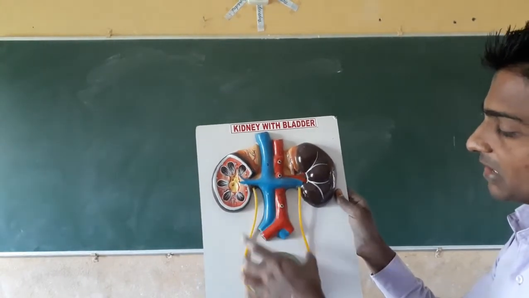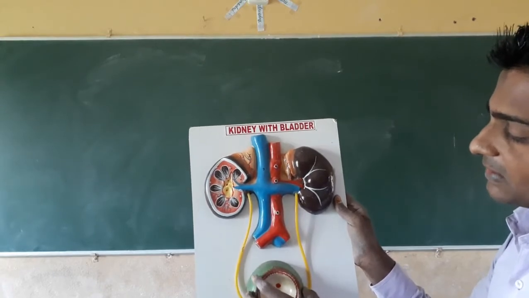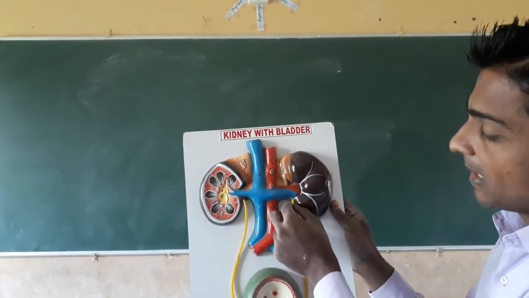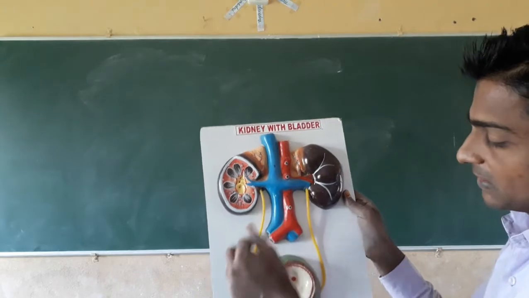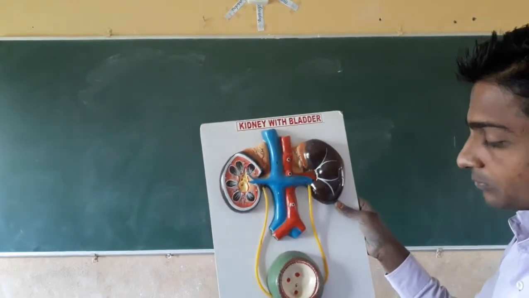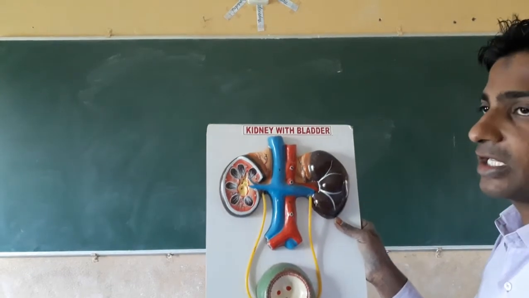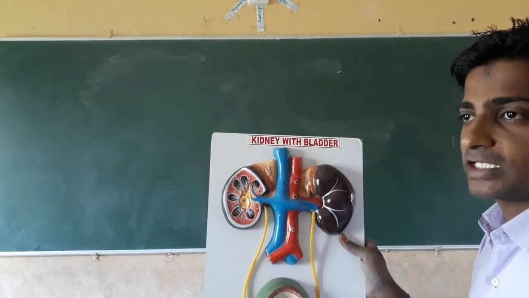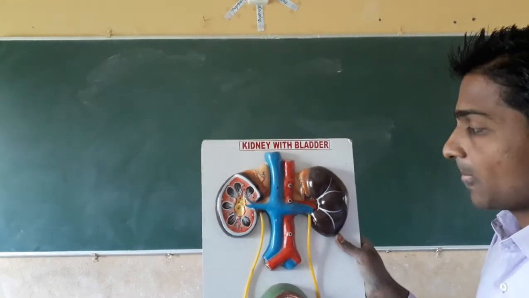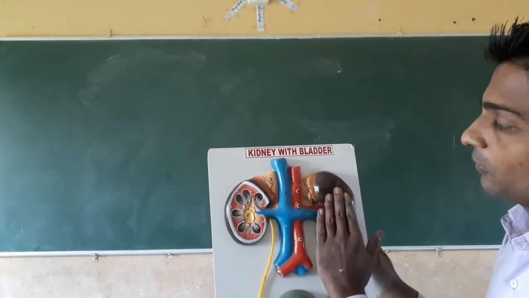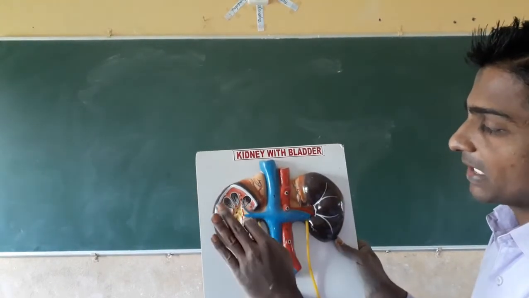Two pipes, called the ureters, are connected to a bag-like structure called the urinary bladder. Then here one opening is called the urinary opening, and next that is connected with the urethra. These are the parts of the human excretory system.